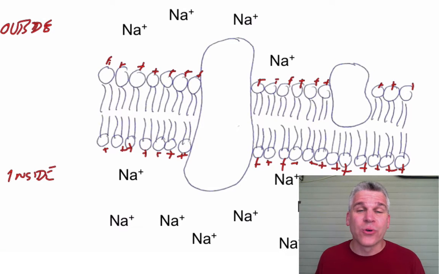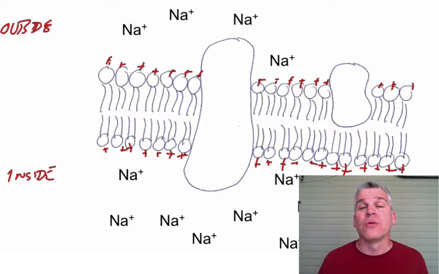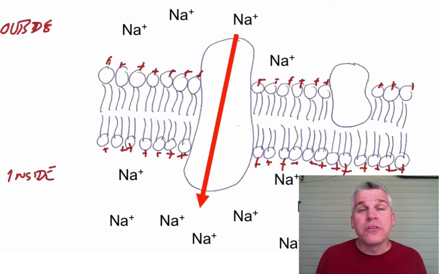So if you've got a positive sodium ion, it's not going to be able to get through. But we have special pumps that can pump sodium from one side to another. Now remember, this is active transport. So is the sodium going to end up going into the cell, or is it going to leave the cell? Yeah, it's going to go into the cell, right? It's going to go from an area of low concentration to an area of high concentration.